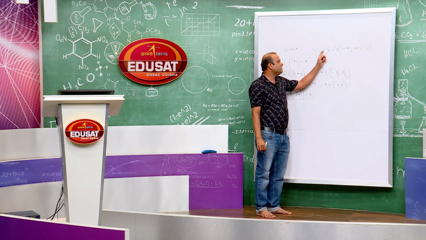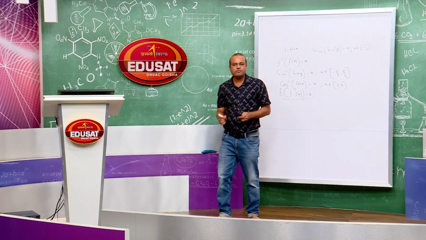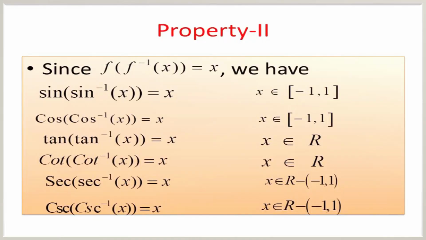You cannot write sin of sin inverse 2 is equal to 2, it is wrong to say. So, sin sin inverse x is equal to x for x belongs to minus 1 to 1. Similarly, cos cos inverse x is equal to x, x belongs to minus 1 to 1. Tan tan inverse x is equal to x, x belongs to R. Cot cot inverse x is equal to x, x belongs to R, and sec sec inverse x is equal to x, x belongs to R minus open interval of minus 1 to 1. Cosec cosec inverse x, x belongs to R minus open interval of minus 1 to 1.